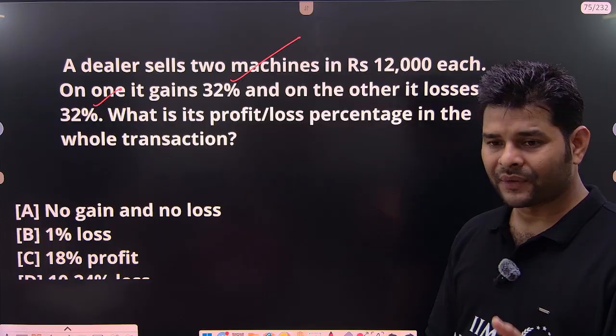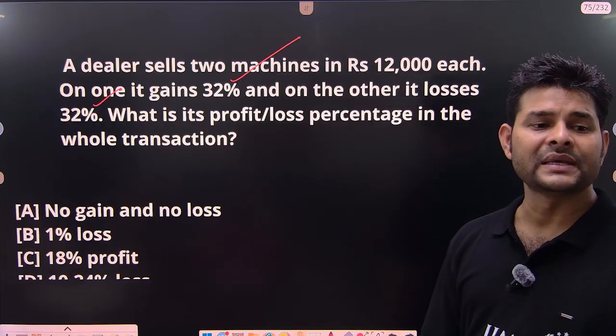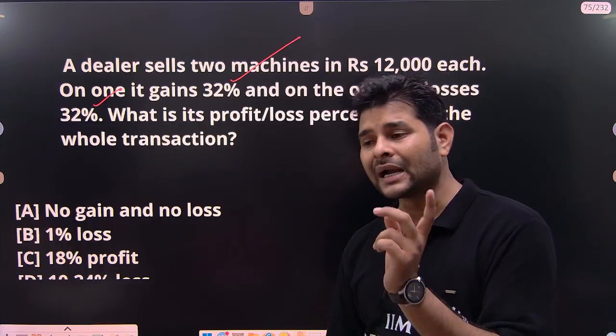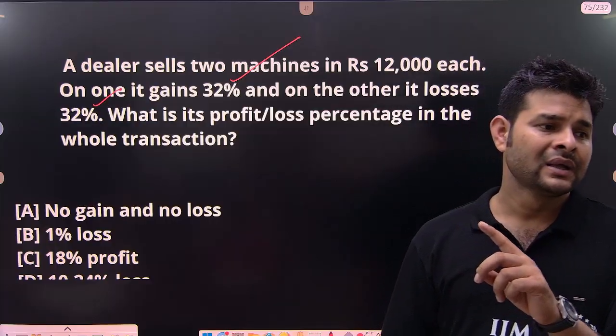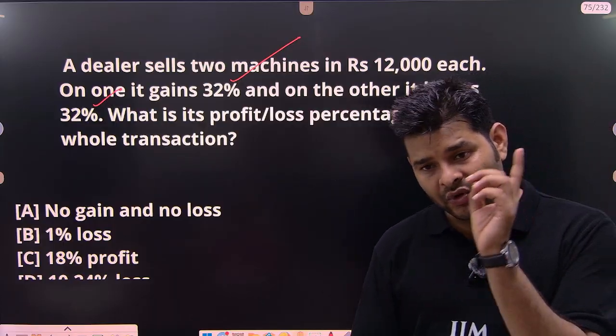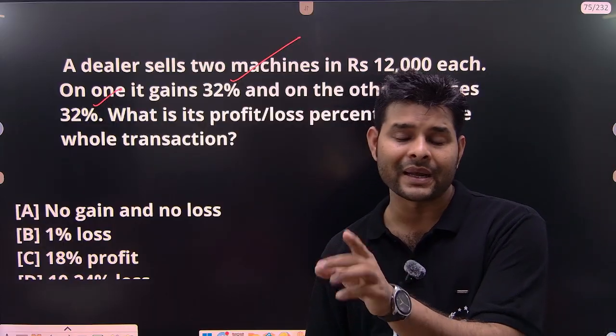In type 5, the first condition is mandatory: CSP should be same. Guys, whatever the formula that you have learned, that formula can be applied only when the SP of both the articles is same. If the SP of both the articles is not same, you can never apply this formula.